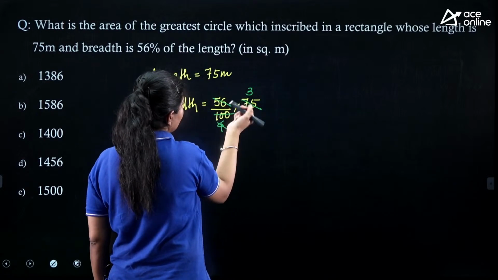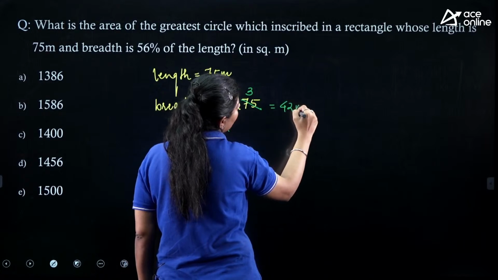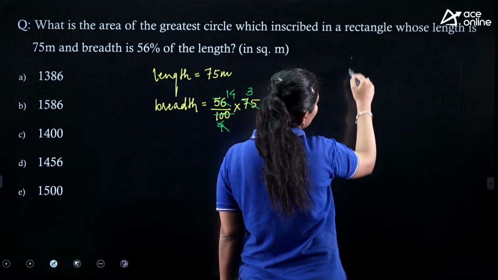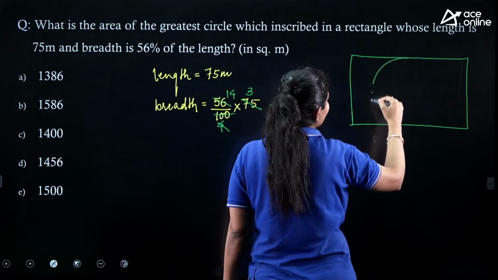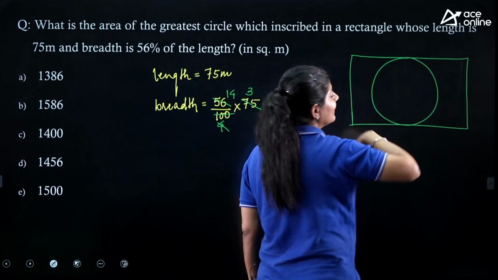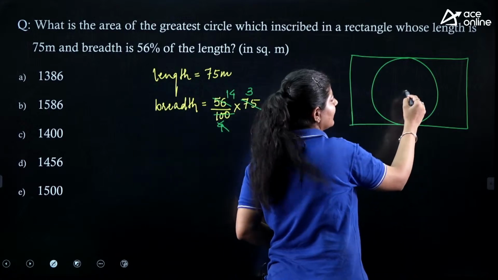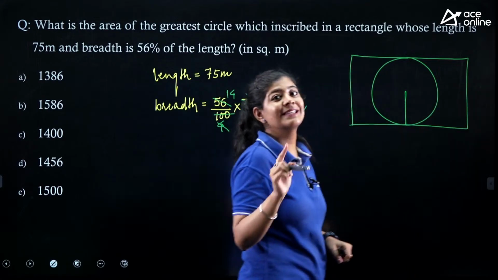If we eliminate it, here we are getting 14 and basically we are getting 42 meters. This is nothing but the breadth. And we know that if we are talking about this particular rectangle and we have to find out the area of this particular circle, the radius is nothing but half of the shortest length.